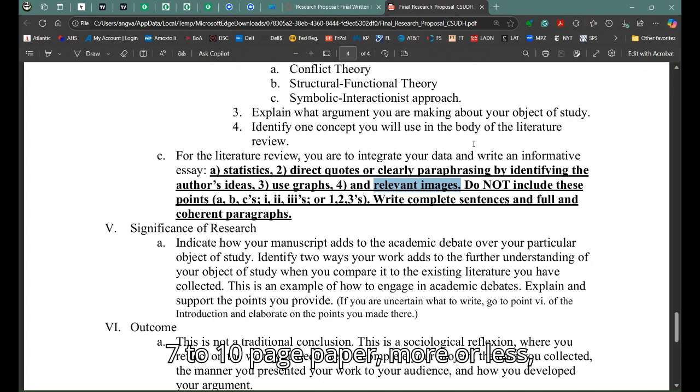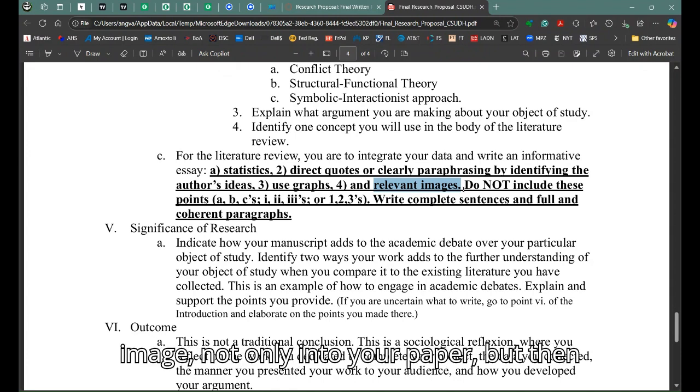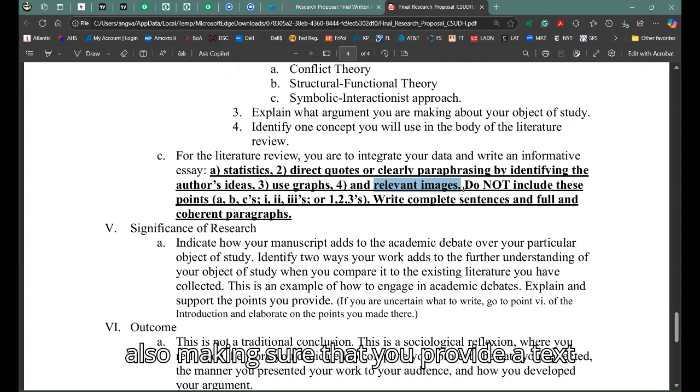Now, for a 7 to 10 page paper, more or less, you can have at least one or two images, right? But again, I want you to check with me first, so I can look at the image and see how big it is going to be, and then I'll explain to you how to integrate that image into your paper, and also make sure that you provide a text description, explanation and analysis of why that image is relevant to your argument.